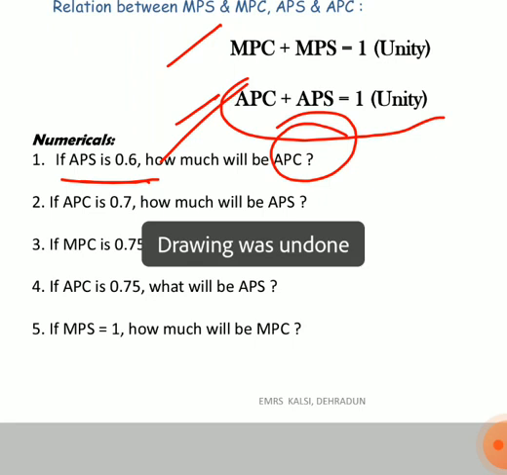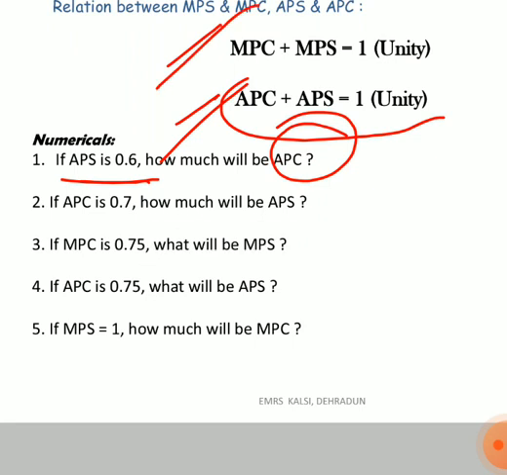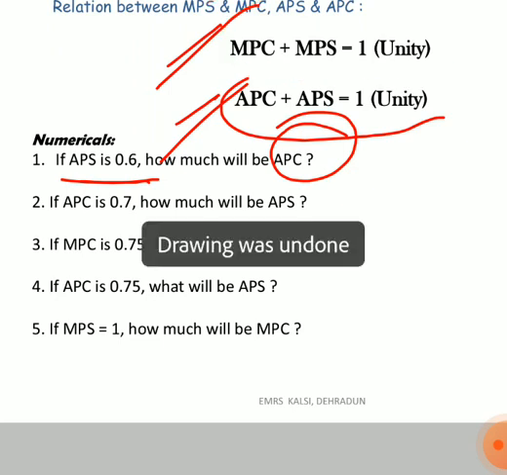So this shows the relation, and this can be used as a formula also. I am repeating again, this can be used as a formula also. And if it is asked to define the relation between MPC and MPS, then you have to write this, and you will get full marks, no need to worry.